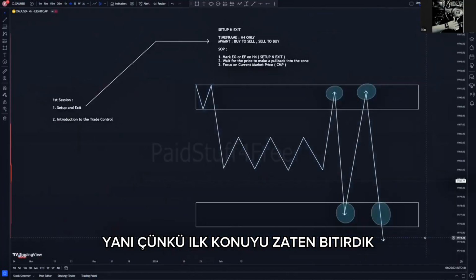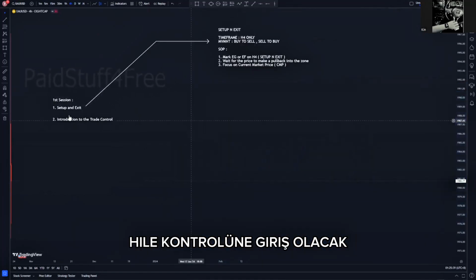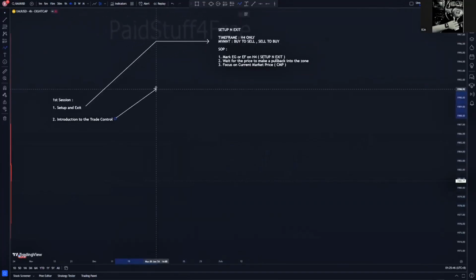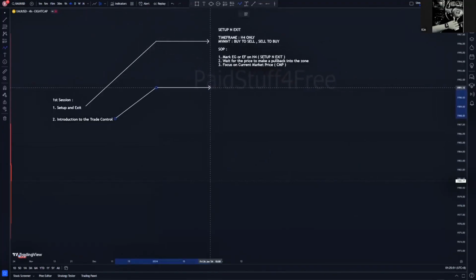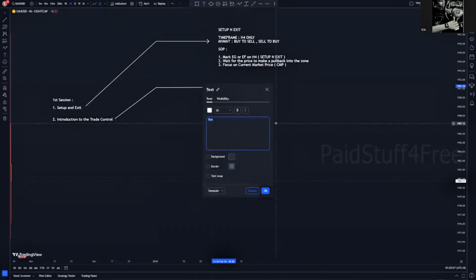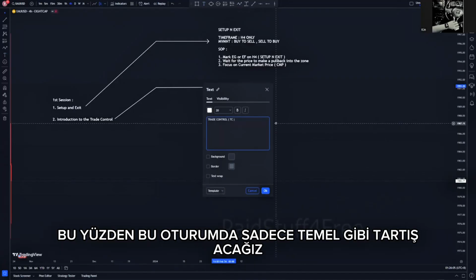Because we've already done with the first topic, we are going to go to the next topic, which is the introduction to the trade control. Trade control, or we can call it TC.